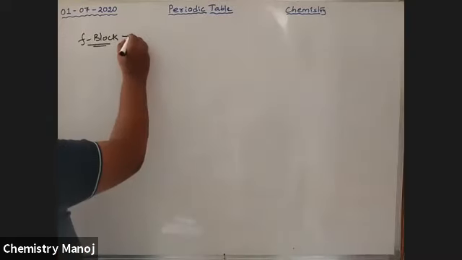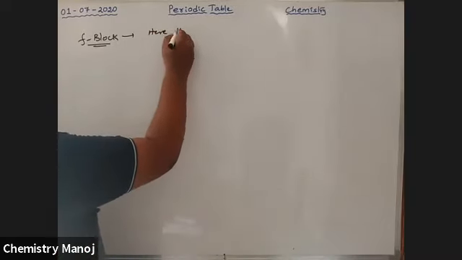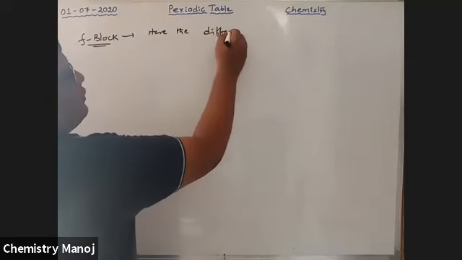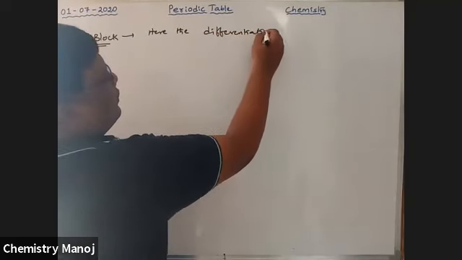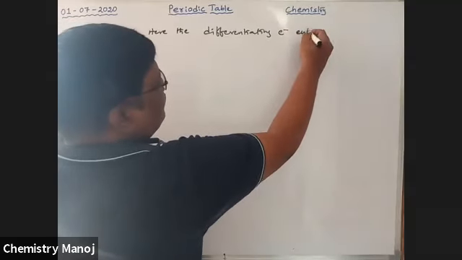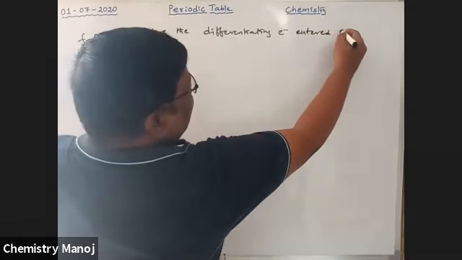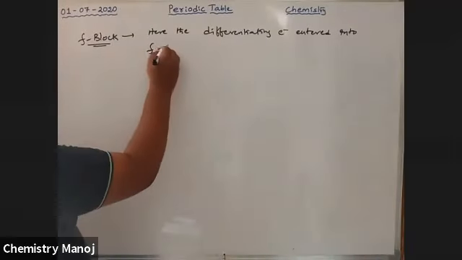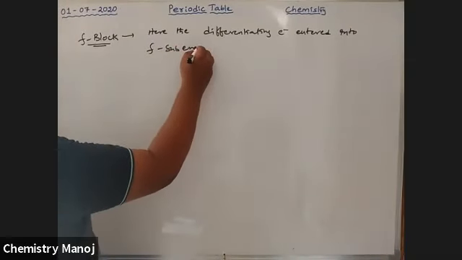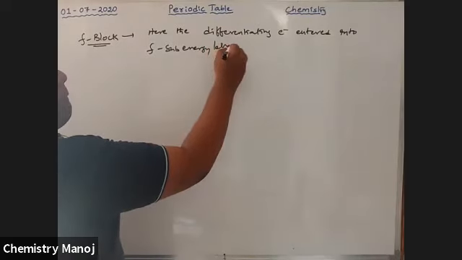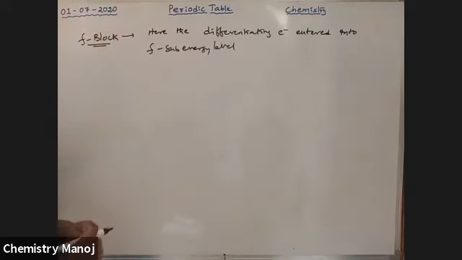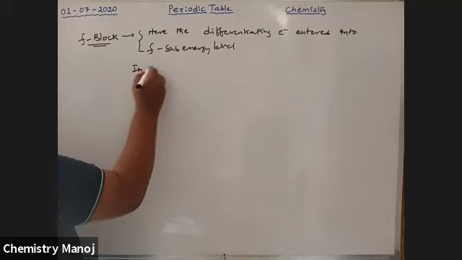No doubt, here the differentiating electron entered into the F subenergy level. So these elements are called F block elements. These are placed at the bottom of the periodic table in two series.